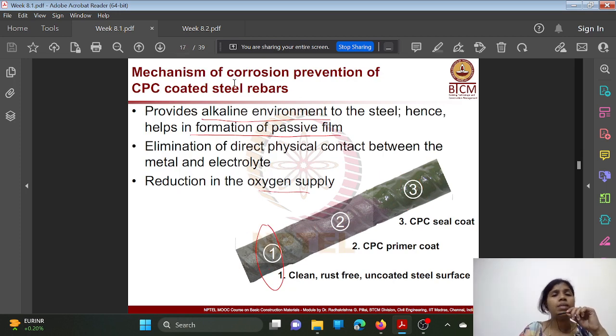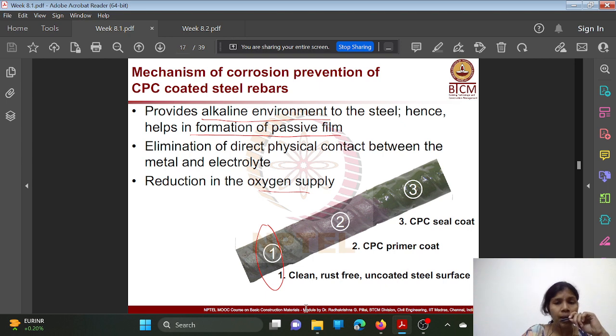See, the mechanism here: in the case of FBEC steel bars, we have seen how we protect the steel rebar from the corrosive environment by applying the epoxy coating. Here the mechanism is that it provides an alkaline environment to the steel and helps in the formation of a passive film.